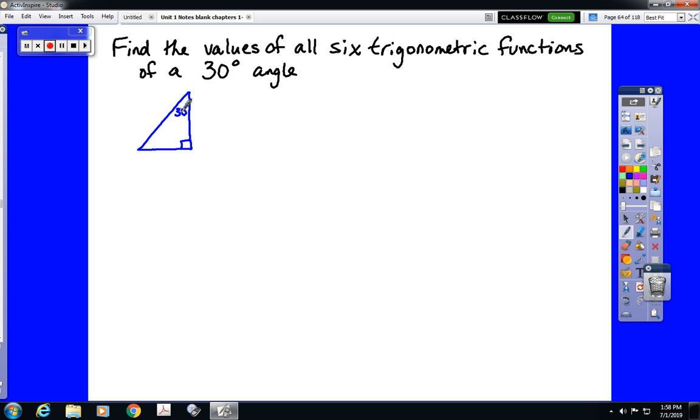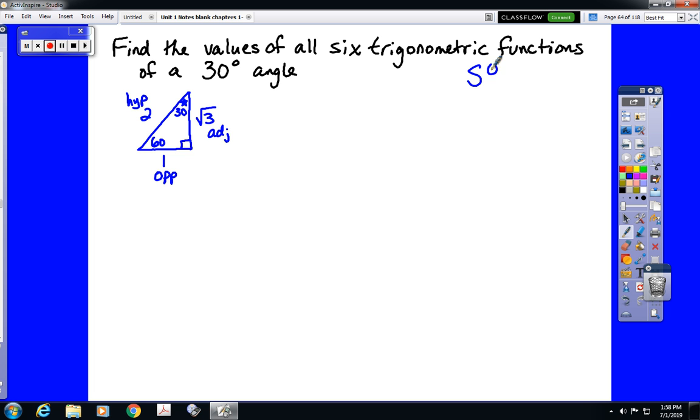So that's a 30-degree angle. This is a 60-degree angle, which has side lengths of 1, 2, and the square root of 3. For the 30-degree angle, which is the one that we're working with, 1 is going to be our opposite side, root 3 is going to be our adjacent side, and 2 is going to be our hypotenuse.